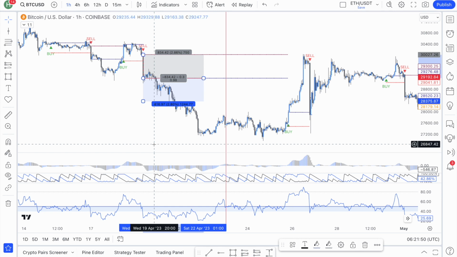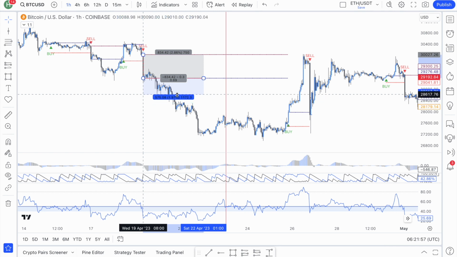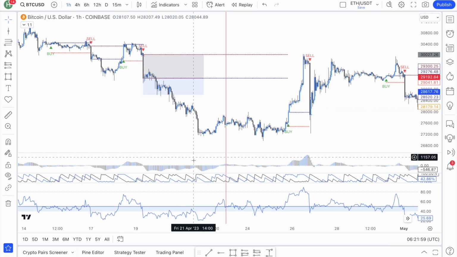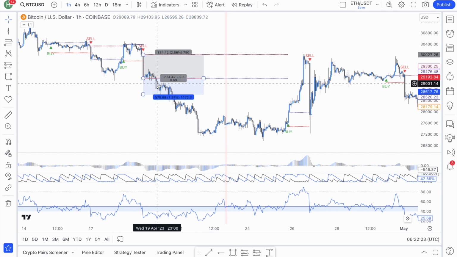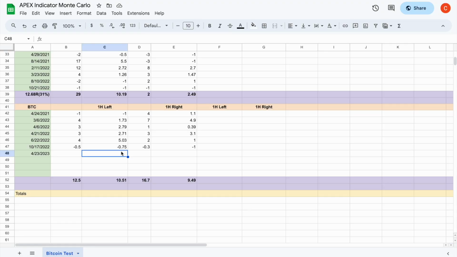My strategy would have ended there, but obviously it would have gone farther. So that is 0.7 and 2%.